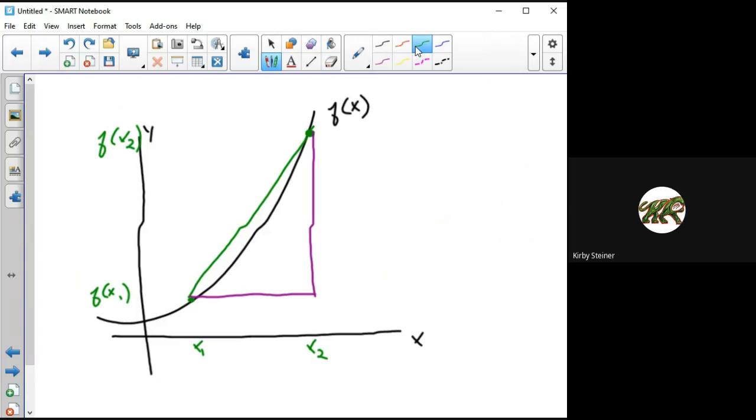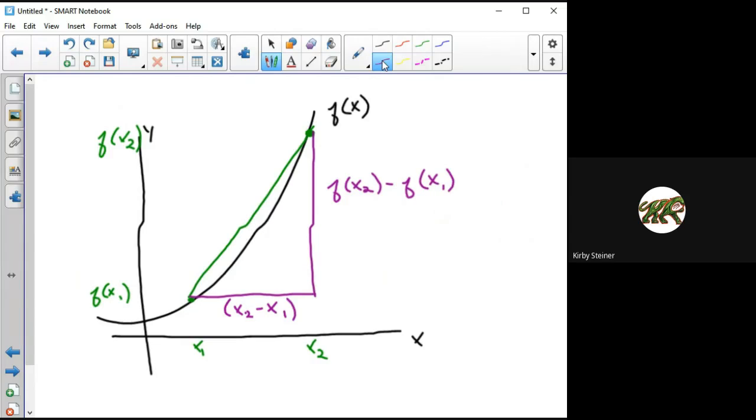So let's clean up this picture a little bit. And so I had x2 minus x1, and I had f of x2 minus f of x1, right?